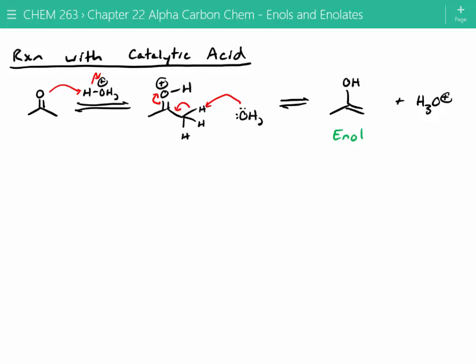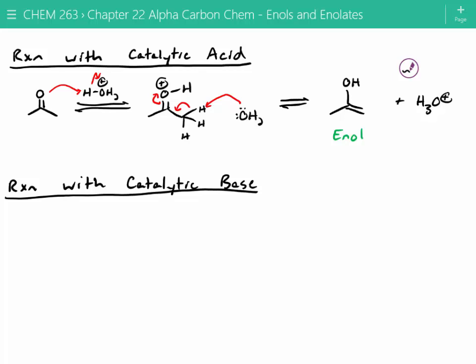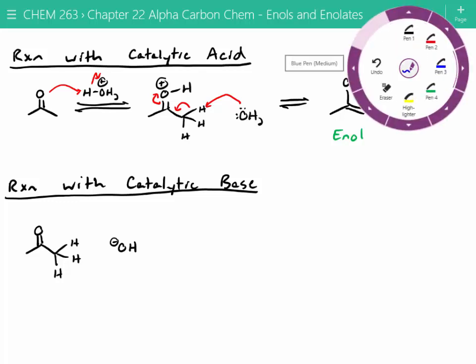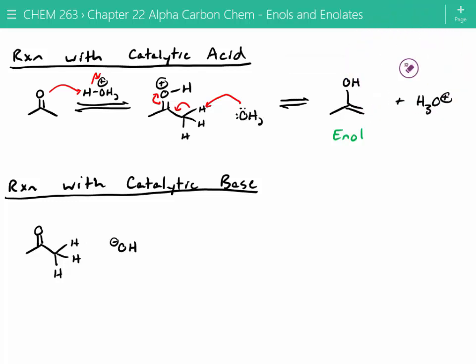And we also saw that we can do this keto enol tautomerization with base, so let's quickly review that. And when you have base around, you can immediately deprotonate one of these alpha protons. So in this case, I'm just going to arbitrarily choose OH minus as our weak base. Let me stick with red.